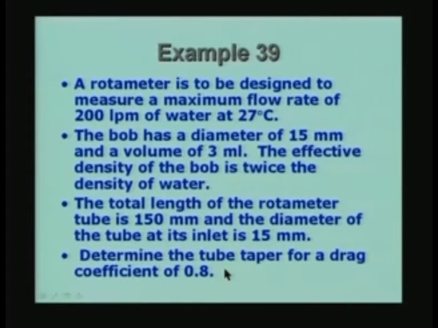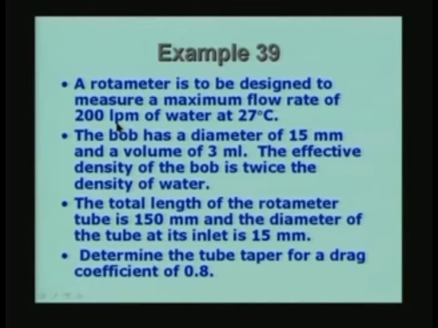So, this example 39, I will work out on the board the numbers corresponding to this. A rotameter is to be designed for the particular conditions given here, to measure a maximum flow rate of 200 liters per minute of water at 27 degrees Celsius. This is the fluid whose volumetric flow rate I want to determine.